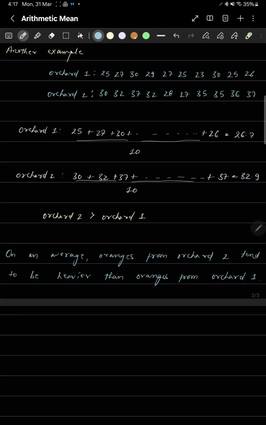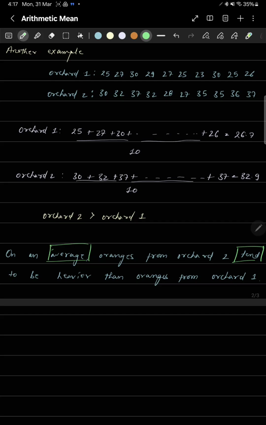So let's notice two words here. One is average, another one is tend. Right? So average is another word for arithmetic mean, and tend here means tendency, right? So oranges from orchard 2 have tendency to be heavier than oranges from orchard 1, right?